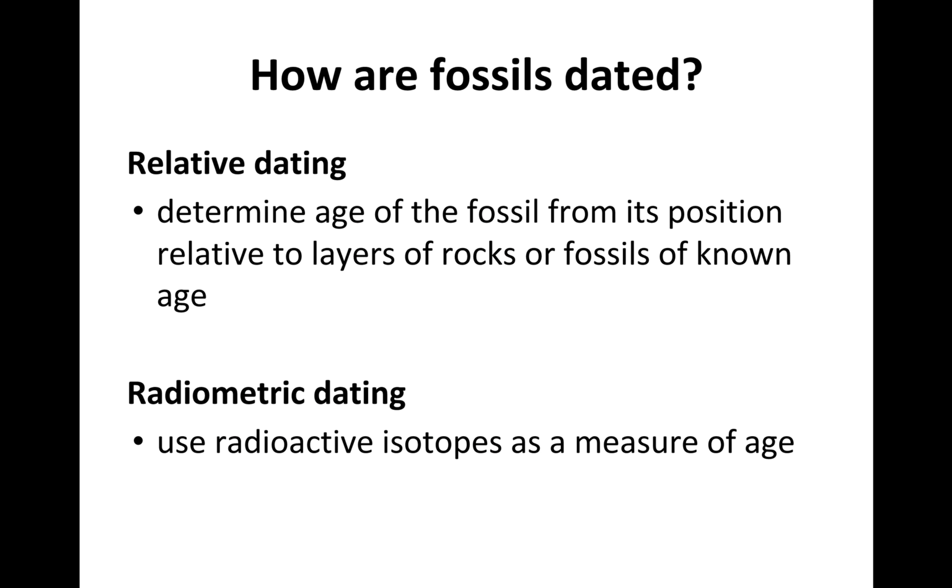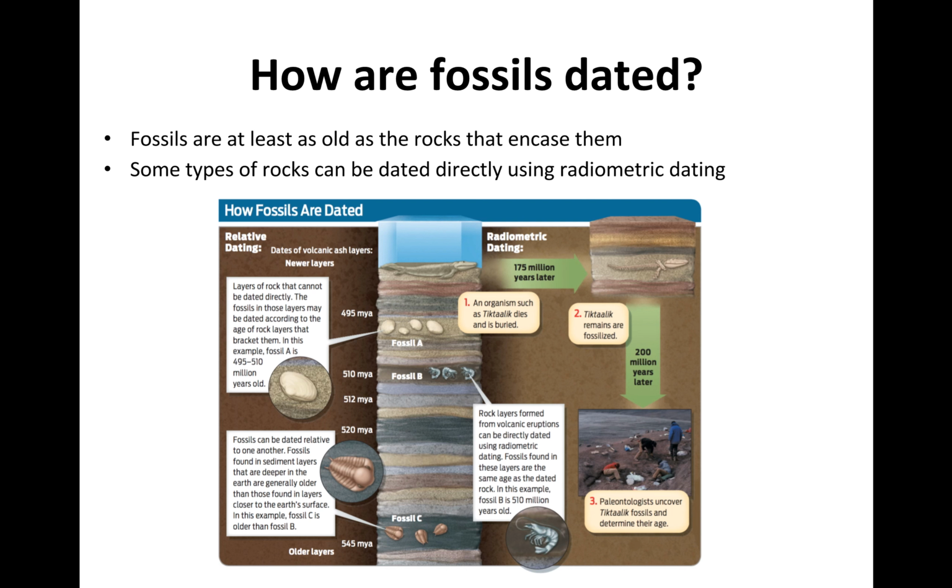This is called relative dating, and it's used to determine the age of fossils from their position relative to the layers of rocks or fossils of known age. So going back to this, we know that the fossils in fossil C are older than fossils B and fossils A because of their relative position. Deeper down equals older in age.